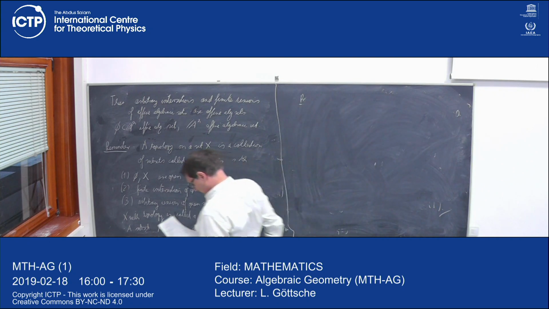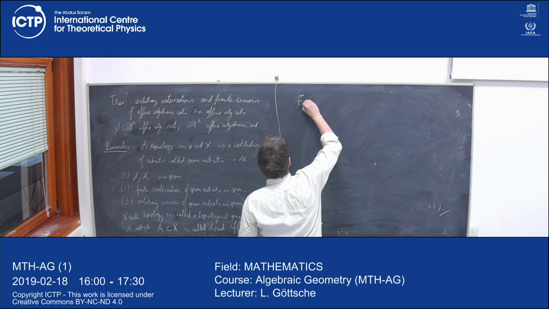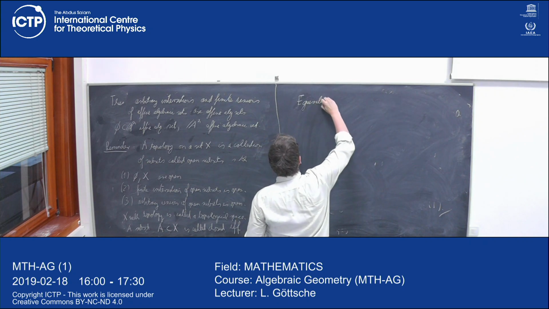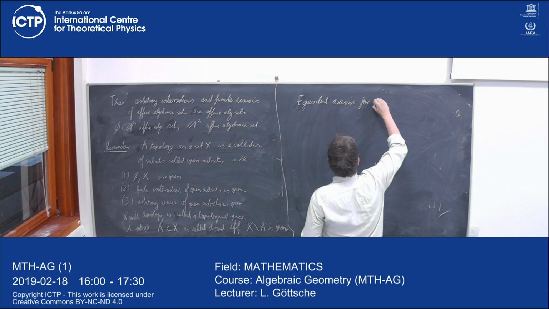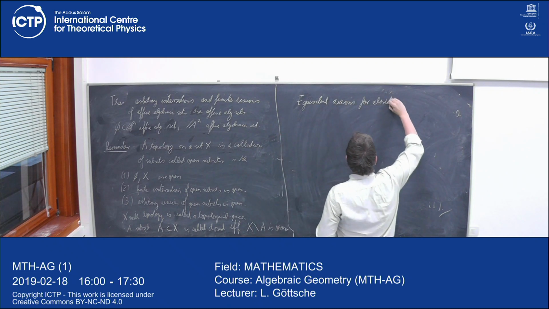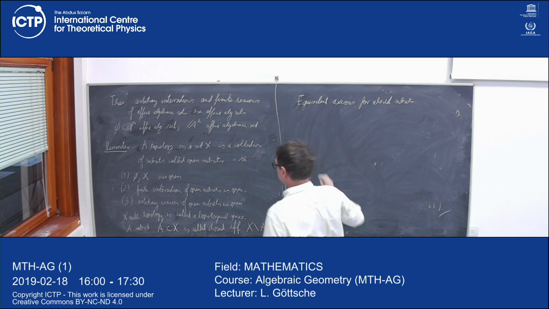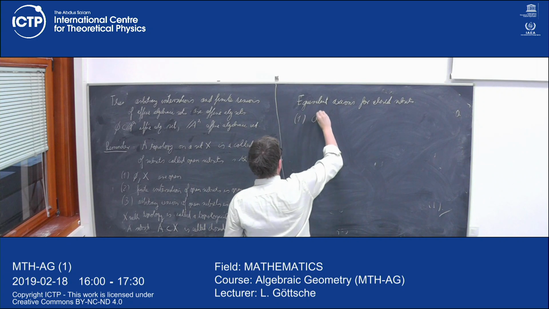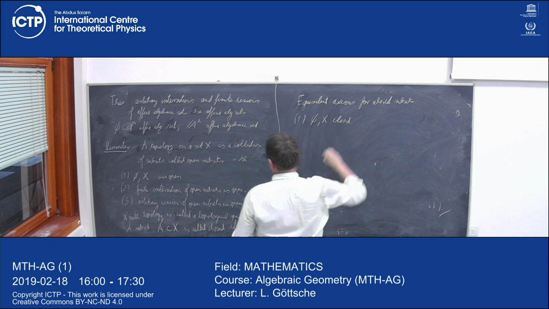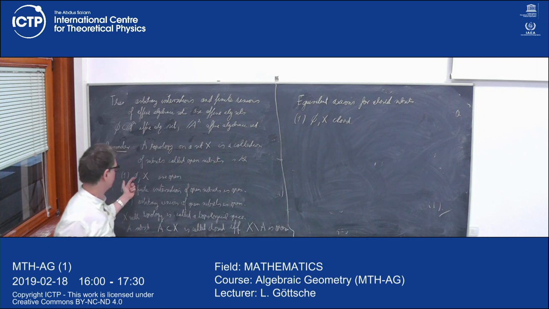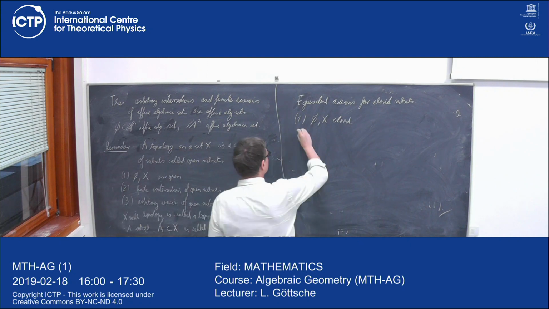So we have equivalent axioms for closed subsets. First, the empty set and X are closed, as X is the complement of the empty set and vice versa.